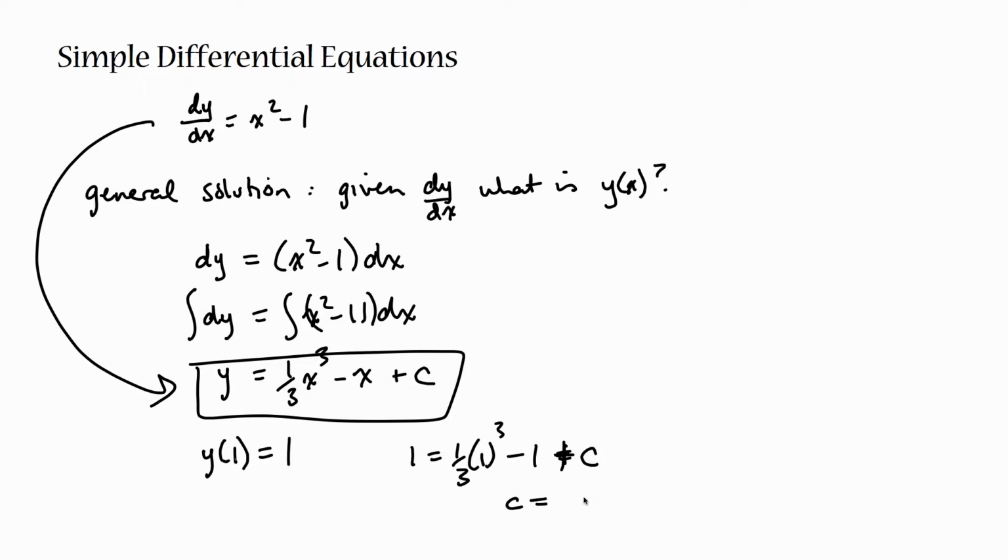So c is going to be equal to 2 minus 1/3, which is just 5/3. So given this condition, my particular solution would be y is equal to 1/3 x cubed minus x plus 5/3.